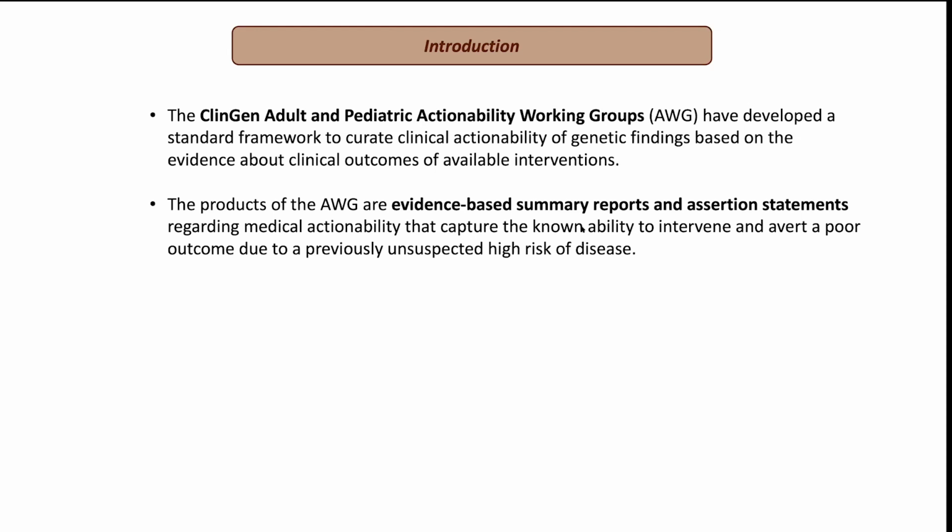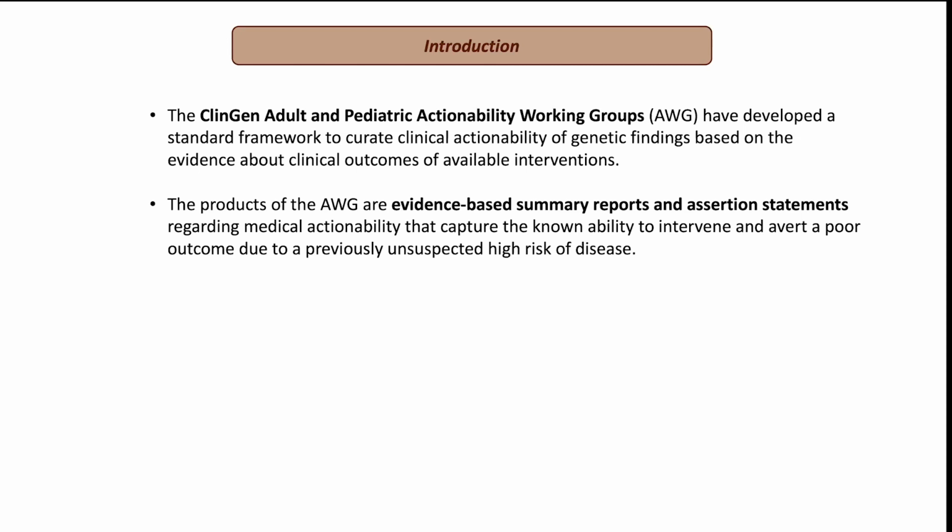So just a brief introduction for the folks who are unfamiliar with actionability curation. The ClinGen adult and pediatric actionability working groups have developed a standard framework to curate clinical actionability of genetic findings based on the evidence about clinical outcomes of available interventions.